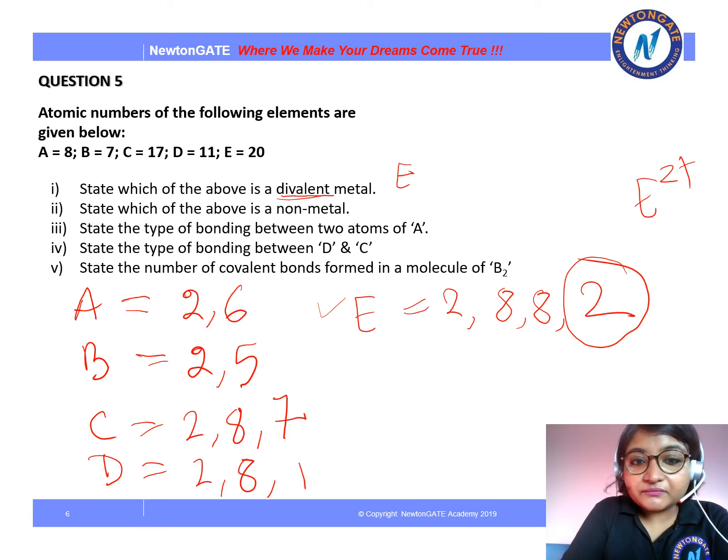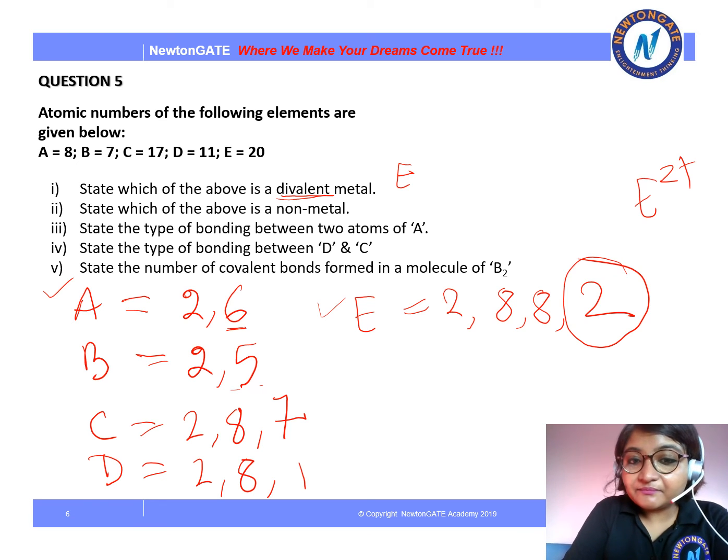State which of the above is a non-metal. The non-metals will gain electrons. Here A will gain 2 electrons, because its valence electron is 6. That means it will gain 2 electrons to become 2, 8. So A is a non-metal. B is also a non-metal because it is 2, 5. So 5 is the outermost electron.